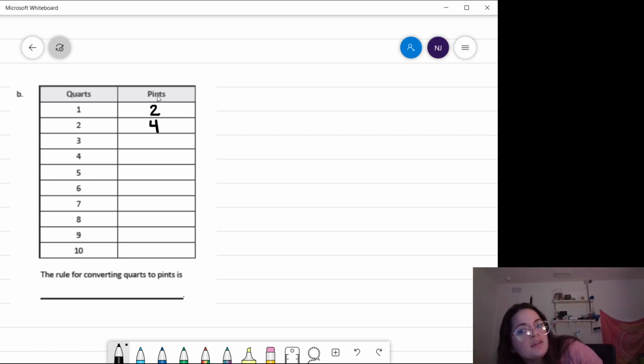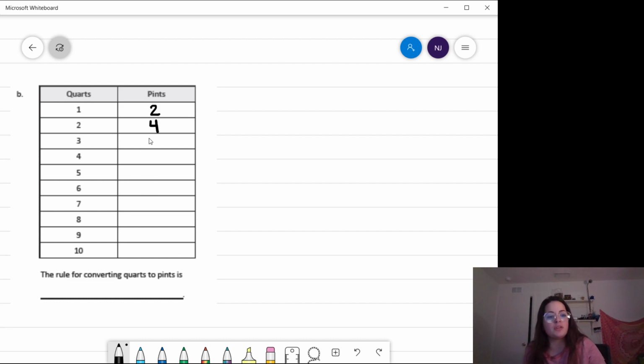So go ahead and pause the video to give yourself some time to fill out the rest of the chart, and then you can play it whenever you're ready to go over the answer. Maybe you can even start thinking about what is the rule for converting quarts to pints. All right, so let's go over filling out the rest of this chart.